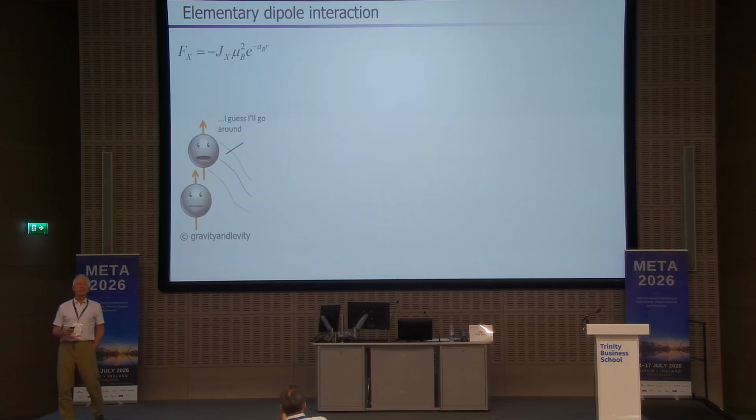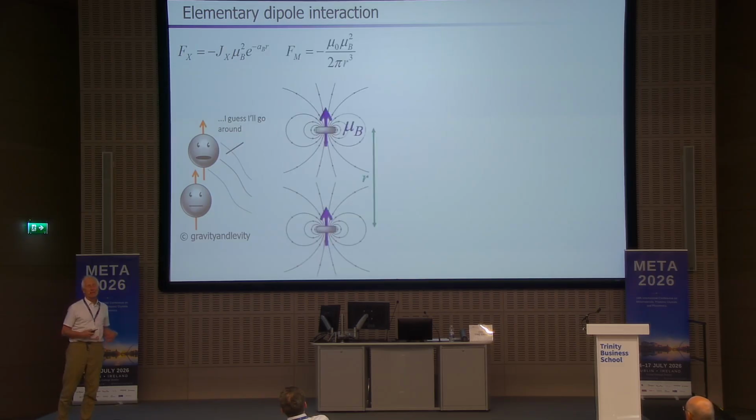Now we are interested not in single dipoles, but in ensembles of many dipoles, and they interact with each other. Electrons interact via the short range, but very strong exchange interaction, right? But the magnetic dipoles have also a magnetostatic or magnetodynamic type of interaction, which is actually much weaker than the exchange interaction, and usually not the reason for magnetism.